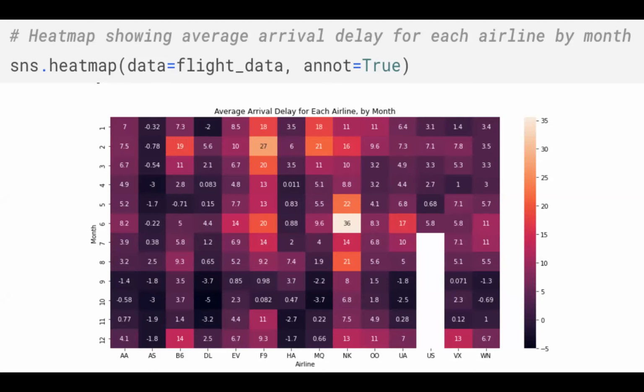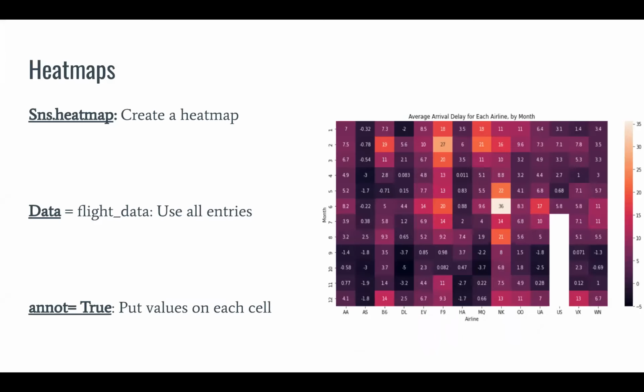The darker colors show negative values, and the lighter colors show positive values. The three main components you want to remember are sns.heatmap, which tells the Jupyter Notebook that we want to create a heat map; data equals flight data, which tells the notebook to use all the entries of flight data to create the heat map; and annot true, which ensures that the values of each cell appear on the chart.